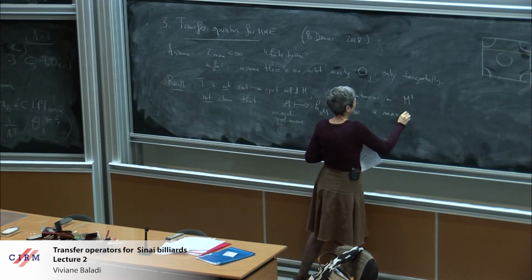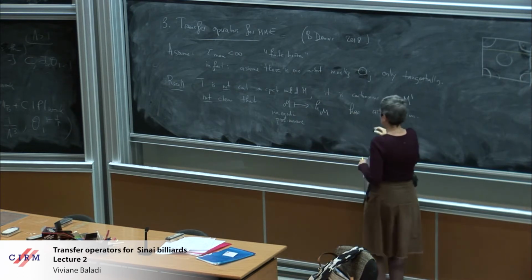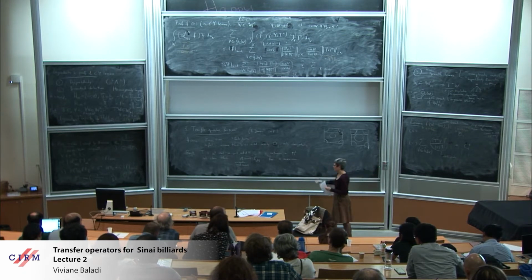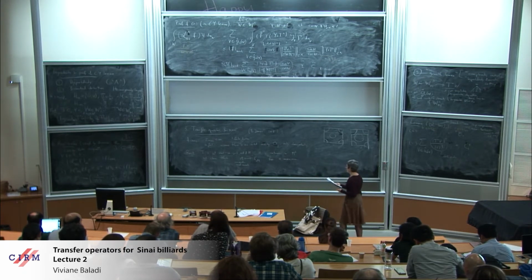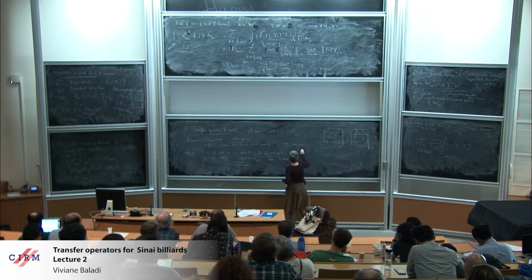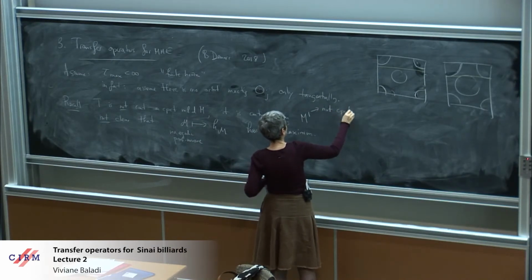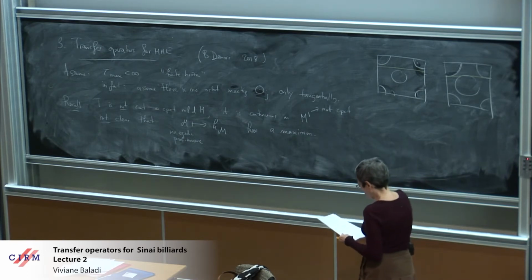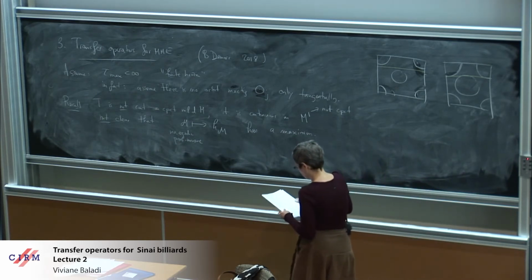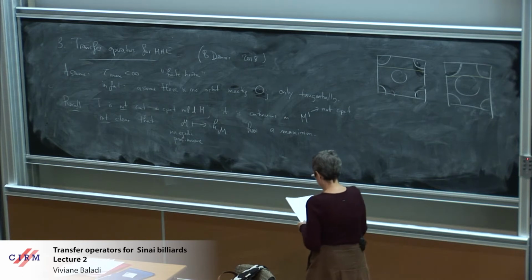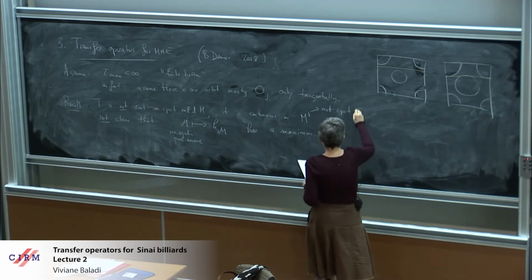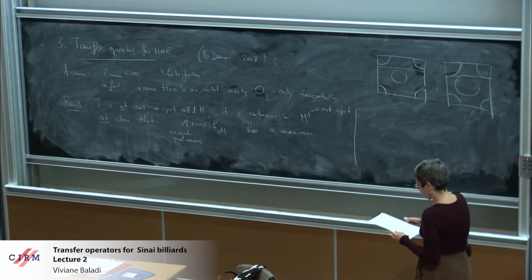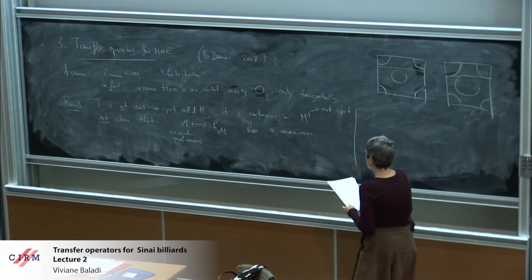The map is not upper semi-continuous because we don't have continuity on a compact set. This is not compact, right? So the problem again is not expansiveness, it's the lack of compactness or lack of continuity. So we don't know that we have an existence of the measure of maximum entropy.